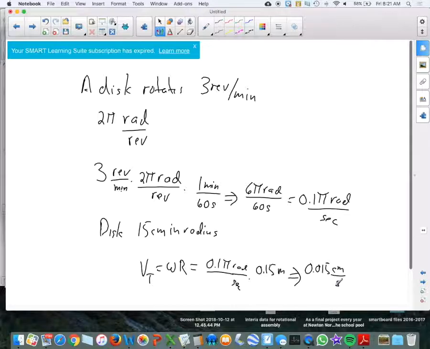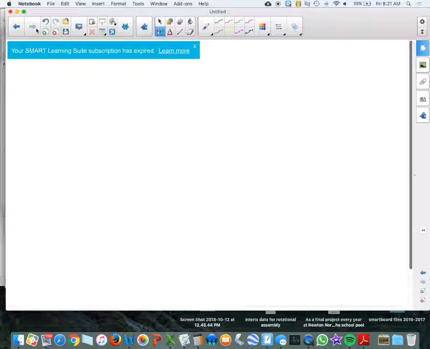The one final point I want to make is that just when you thought you were happy with this idea of centripetal acceleration, let's suppose I've got a constant velocity. What direction is the acceleration in?